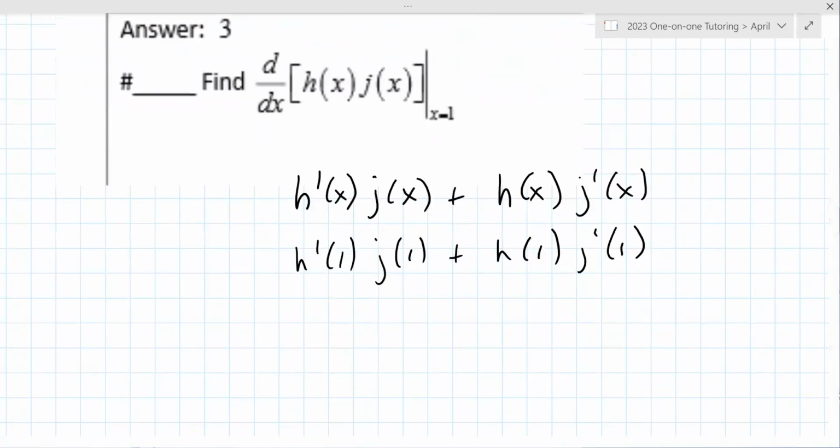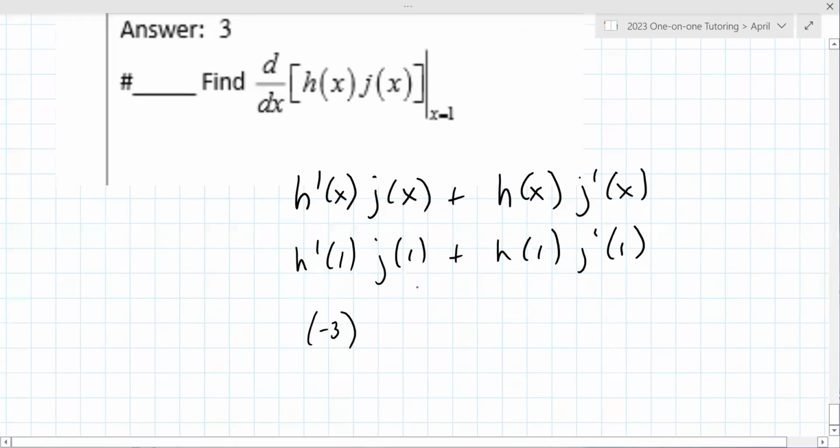So we've got to go back to the graph. It looks like here h prime of 1 is -3. J of 1 is 2.